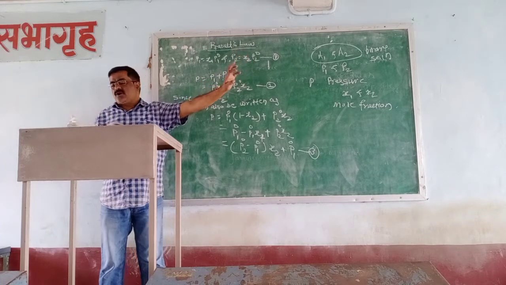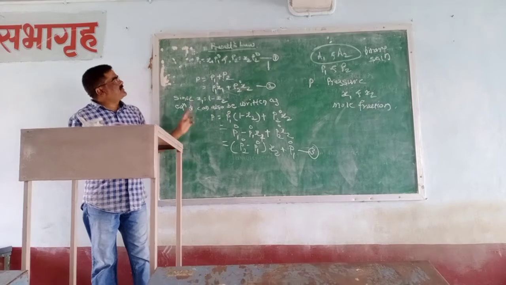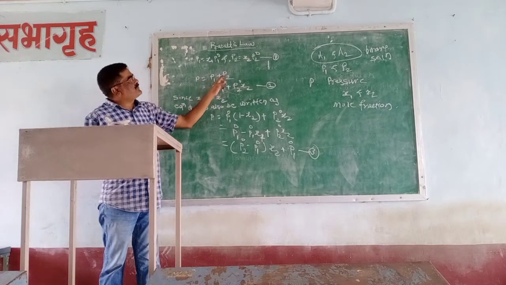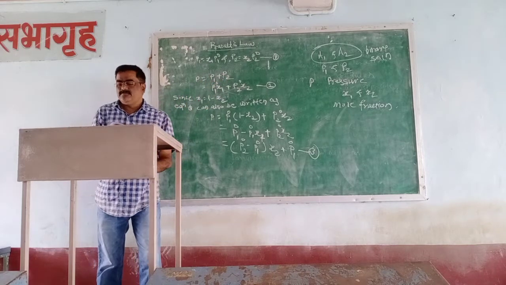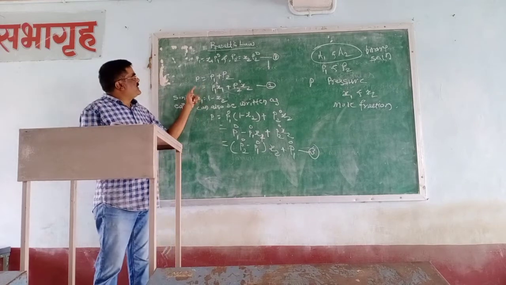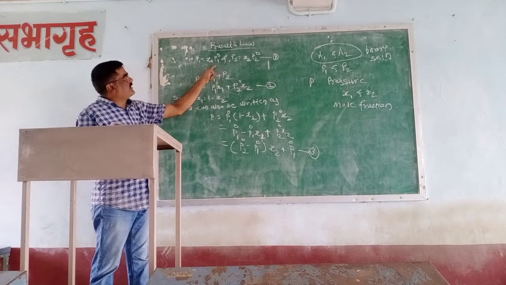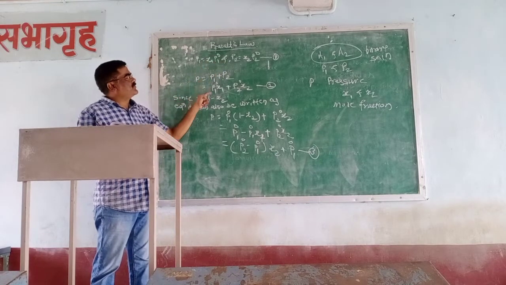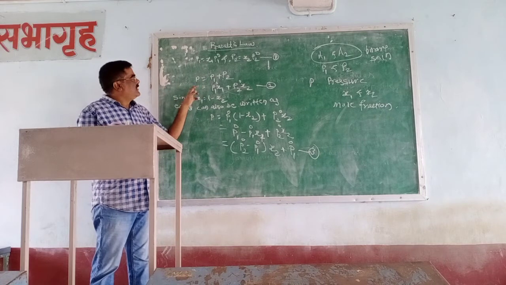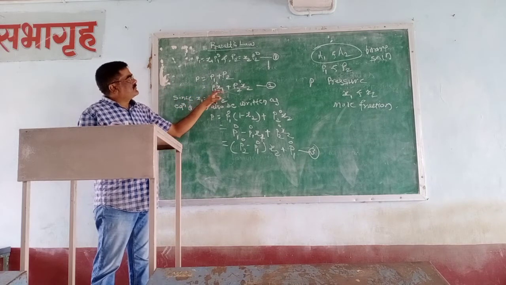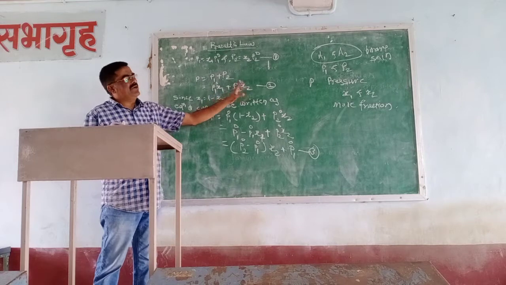According to Dalton's law of partial pressure, P is equal to P1 plus P2. Then we will put these values of P1 and P2 into this equation. P is equal to X1 P1 naught plus X2 P2 naught.